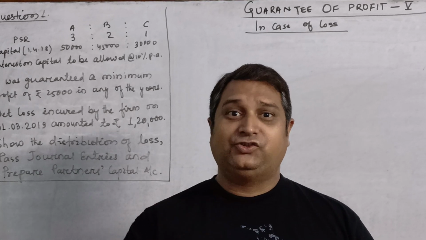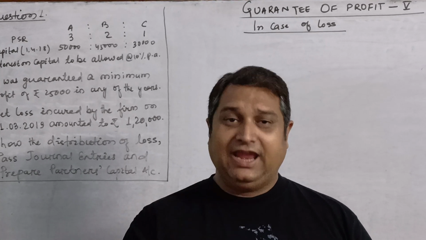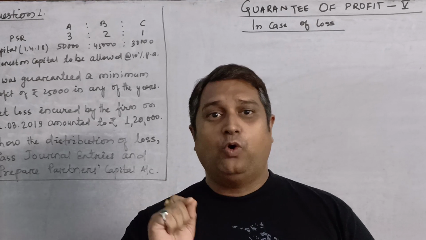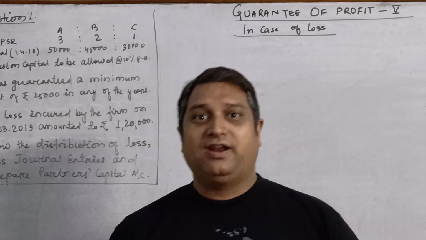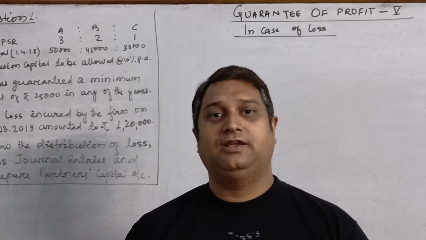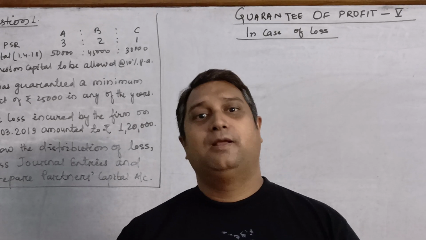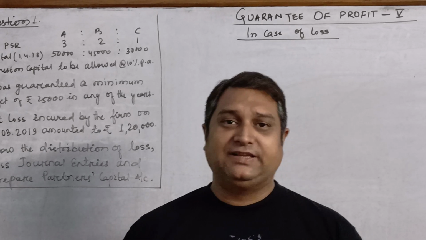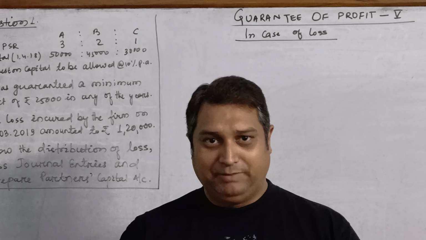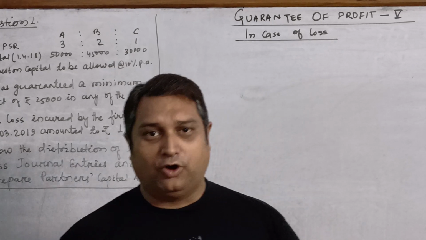So your question is that in case there is no other instruction given, in what ratio will the deficiency be borne by the partners? Who will bear the loss, the deficiency, and in which ratio? Please comment in the comment box.